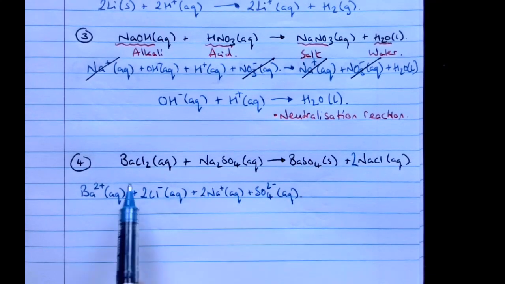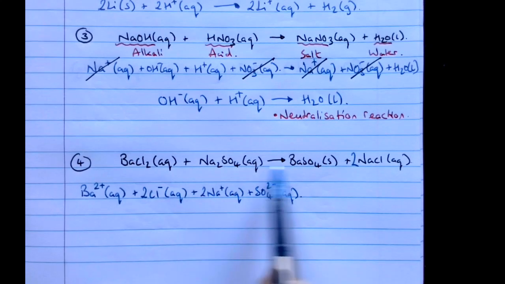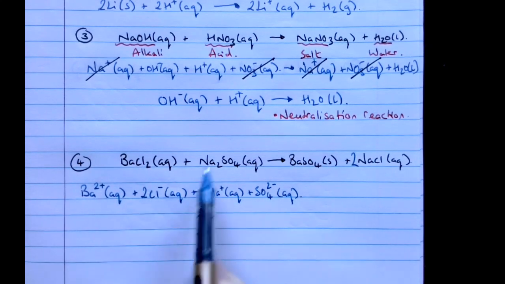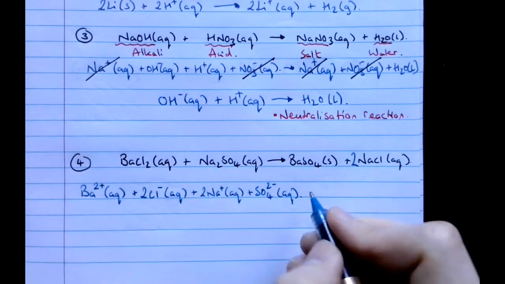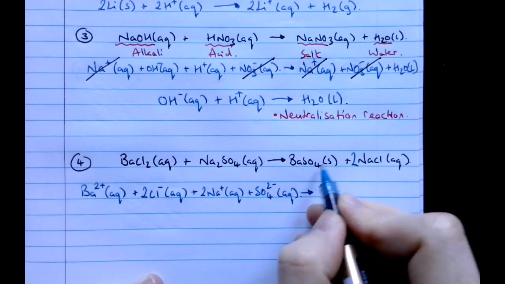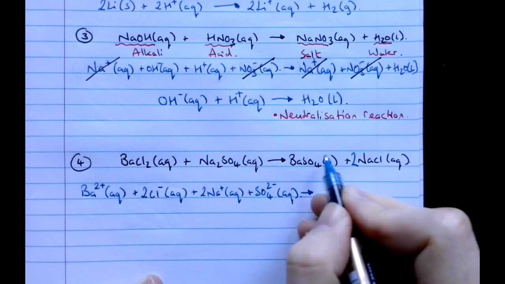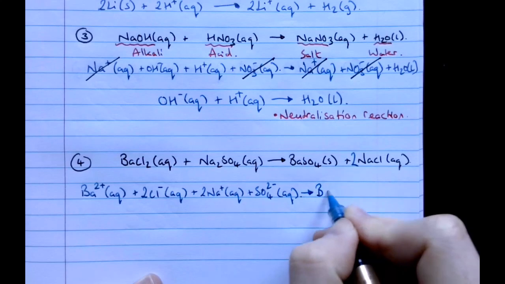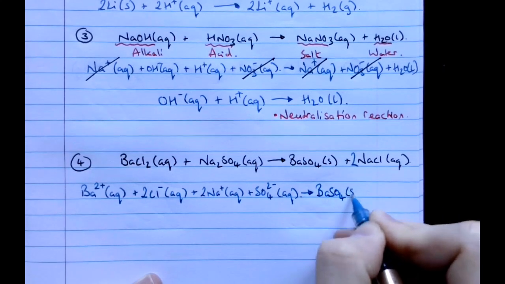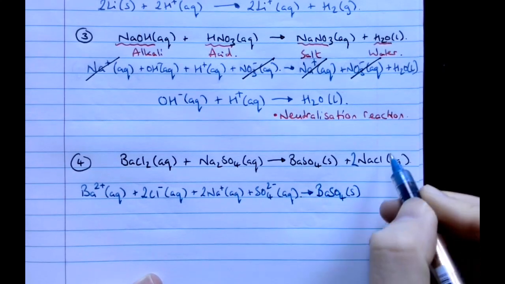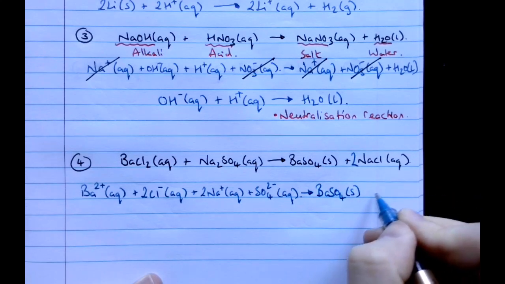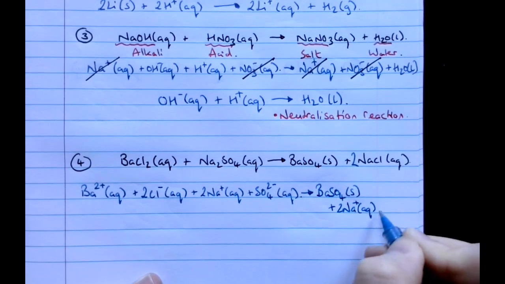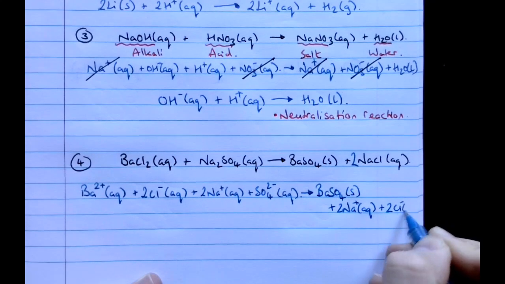Okay, right, on to the next one. So for this one, it did need balancing. You needed to add a 2 here. Your barium chloride separates, your sodium sulfate separates. Now, your barium sulfate is a solid, so that's a precipitate. So that cannot be separated into ions. So that just stays as BaSO4 solid. Now this is aqueous, so it will separate into 2Na+ and 2Cl-.